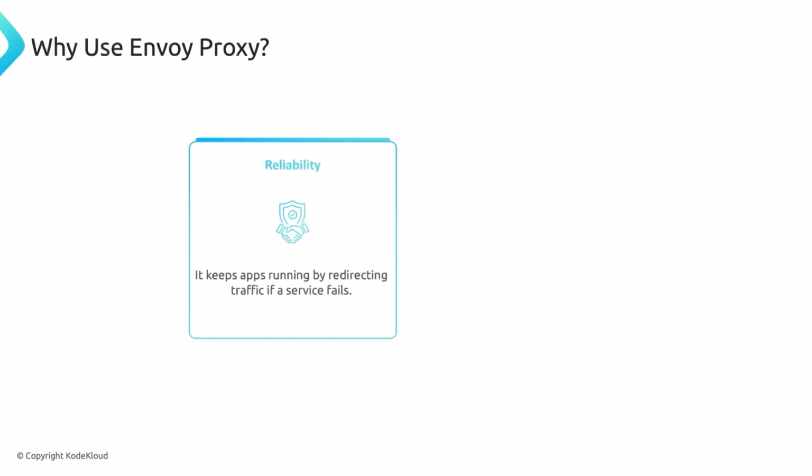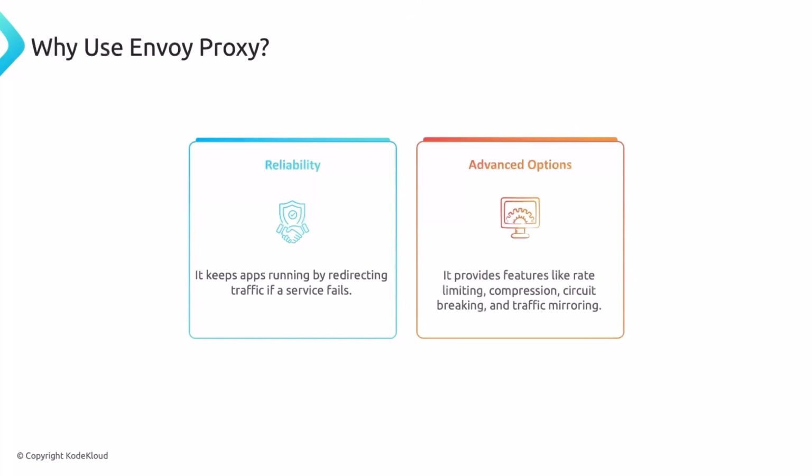Reliability, another big one. Envoy proxy ensures that even if one server goes down, your application keeps running by redirecting traffic to healthy services. And some advanced options, right? Envoy proxy offers things like rate limiting, circuit breaking, compression, traffic mirroring capabilities, etc.